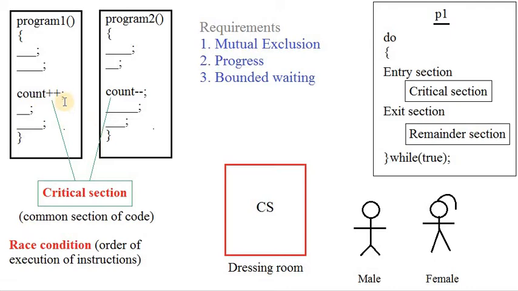In the first case they may follow one pattern of execution, in the second case a different order, and in the third case some other order. Based on the order of execution, the result may vary. So the order of execution, in which order the statements from both the programs execute, is called a race condition.